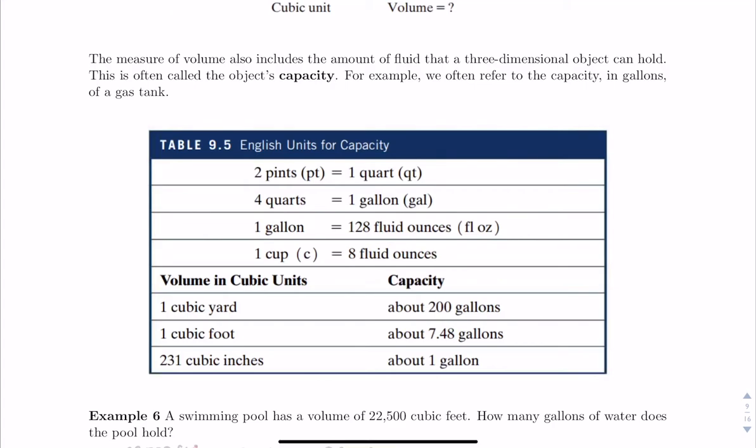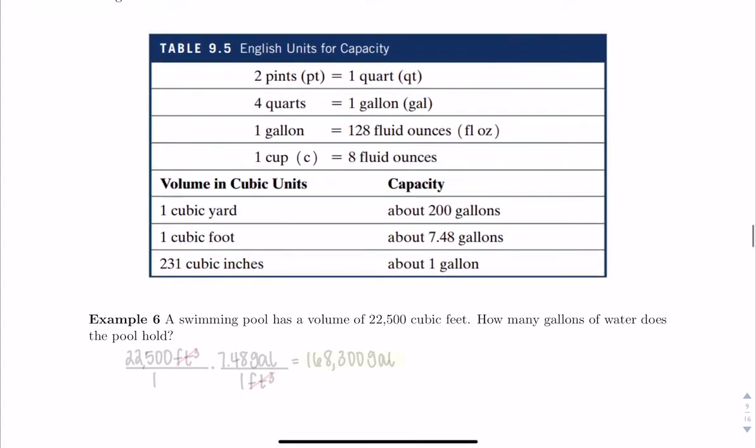A swimming pool has a volume of 22,500 cubic feet. How many gallons of water does the pool hold? So we're going from cubic feet to gallons. We've got 22,500 cubic feet, and there is about 7.48 gallons in a cubic foot.